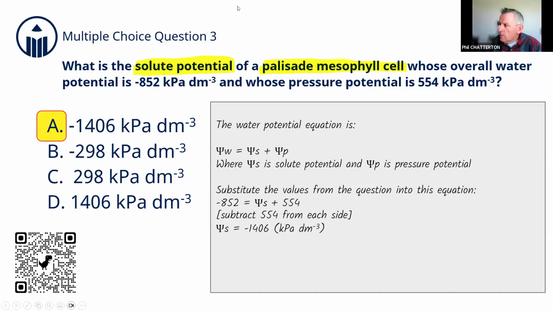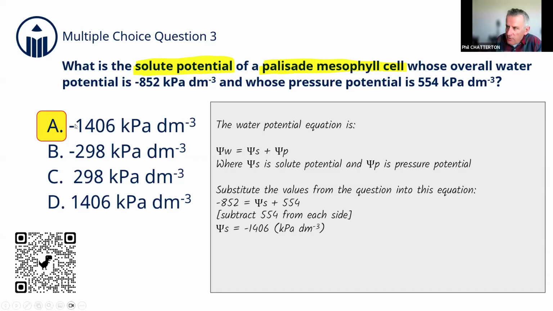Okay. Let's have a look at the chat. Okay. So that's the reason that one is, you have to do a little bit of maths here. And of course, you'll always have your calculators, won't you, to be able to do that. So it's negative 1406. The same warning applies here about negative signs.